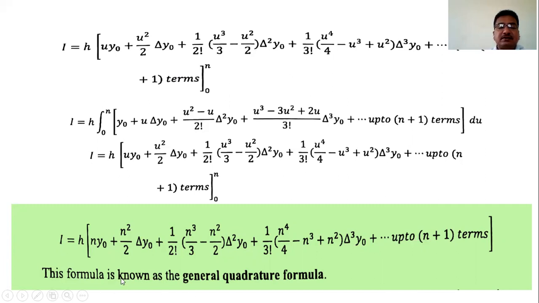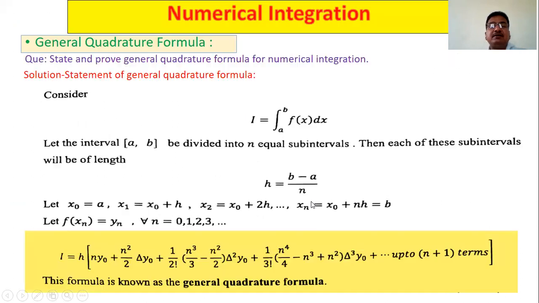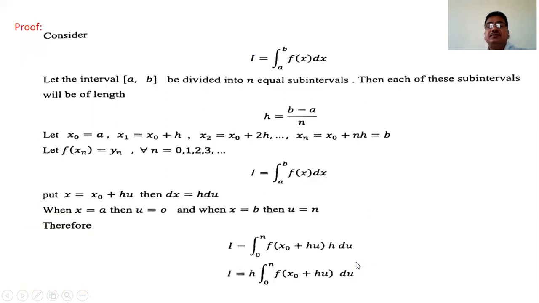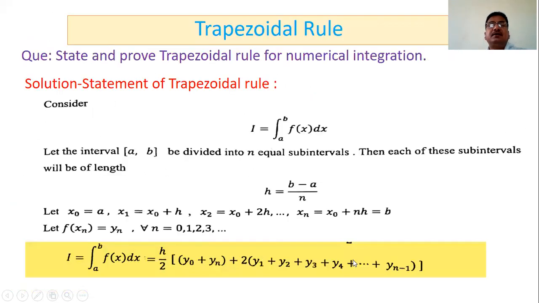This is the general quadrature formula. This is the statement of the general quadrature formula, that the last answer in the proof is the statement of the general quadrature formula.